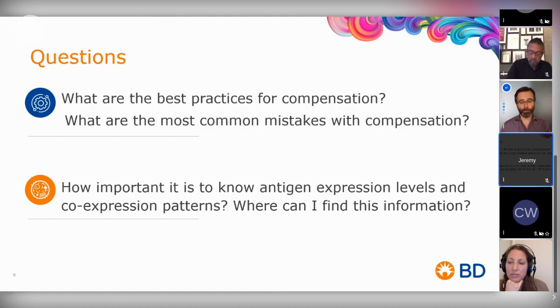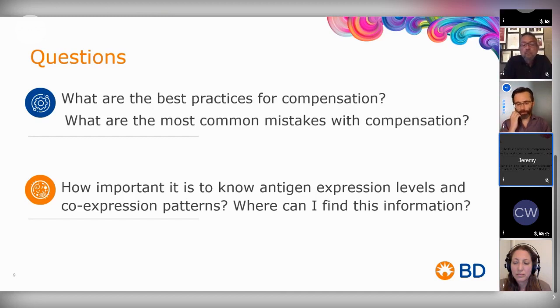For instance, you need to make sure that the carrier of the fluorochrome that the antibody is attached to, that the negative and positive have exactly the same autofluorescence. Because when calculating spillover, you're basically subtracting that fluorescence to make sure that those two negative and positive populations are equally negative in all of the secondary channels, right? So that's an important aspect.